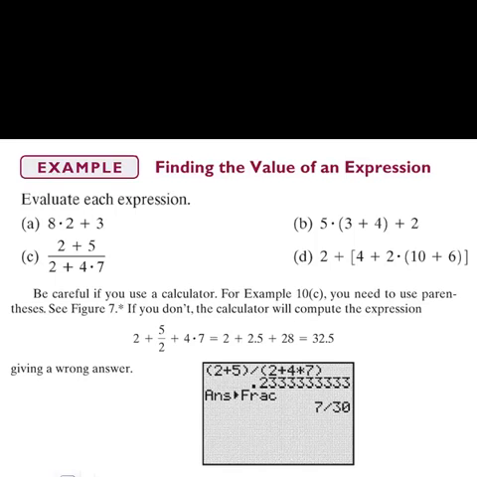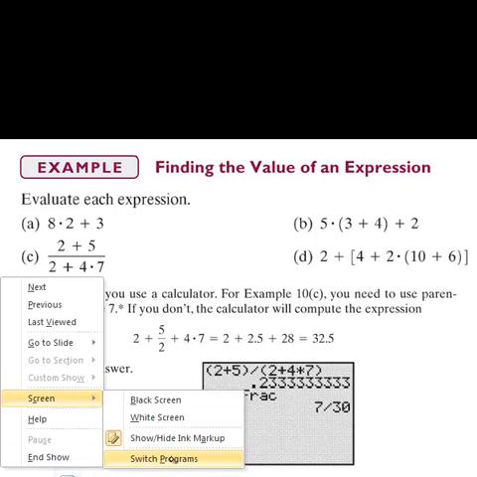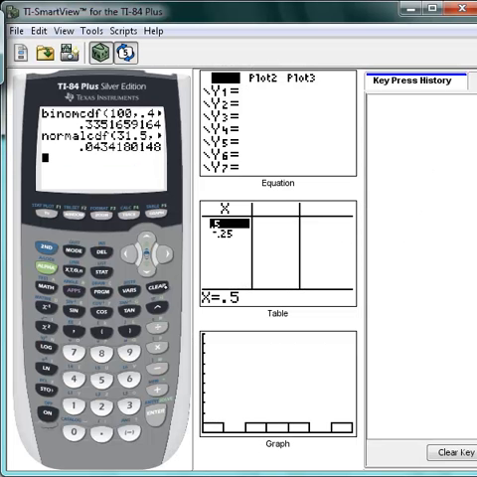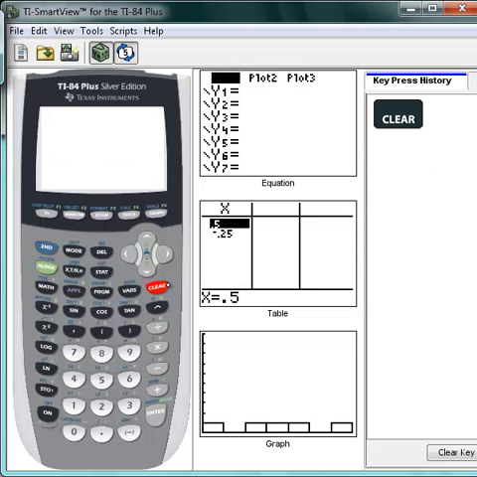All right. So let me also show you something real quick as well. I actually have a graphing calculator with me, and I will show you how this looks on a graphing calculator. So here's my TI-84 Plus emulator that I've got.